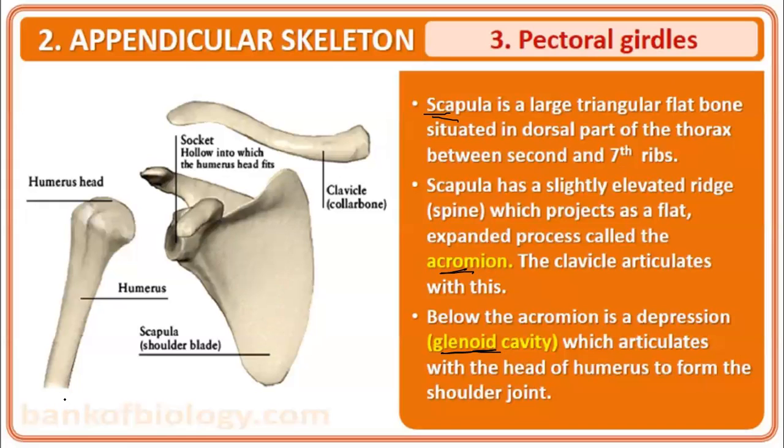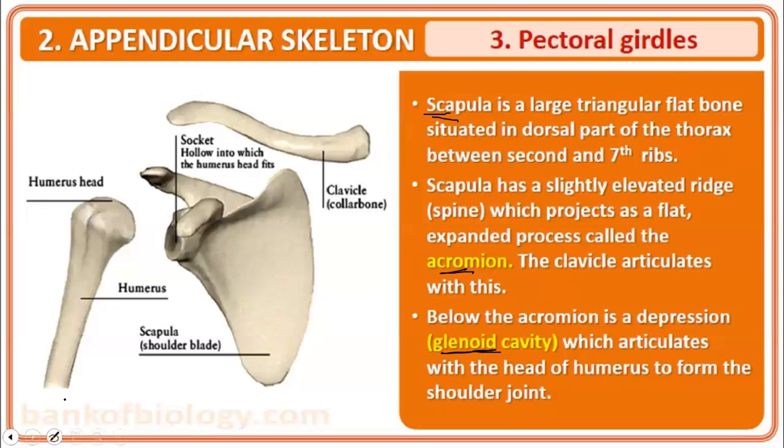They are the bones which help in the articulation of the upper and the lower limbs together with the axial skeleton. Each girdle is formed of two halves. Scapula is a large triangular flat bone situated in the dorsal part of the thorax between the second and the seventh ribs.